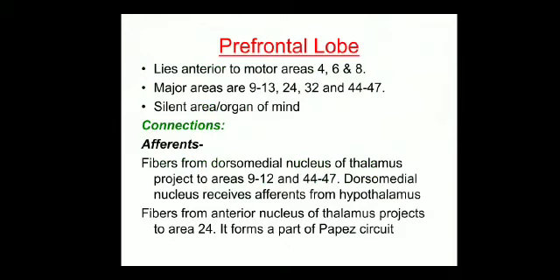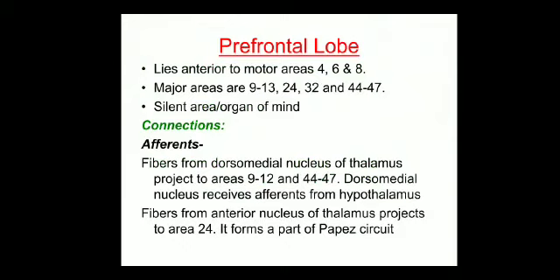The major areas of the prefrontal lobe are Brodmann's areas 9 to 13, and then 24, 32 and 44 to 47. So these are the major areas present in the prefrontal lobe. Areas 9 to 12 lie in the superior frontal gyrus and also extend onto the adjacent medial surface of the hemisphere.